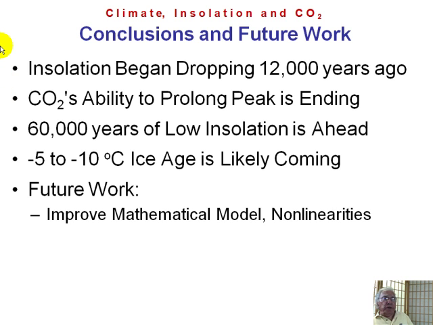So in the future, we need to improve the mathematical models. In my opinion, the mathematical models that are being used should make sure that they predict what's happened in the past. That's what I used to do when I worked with models, was make sure that they predicted the past before I used them to predict the future.